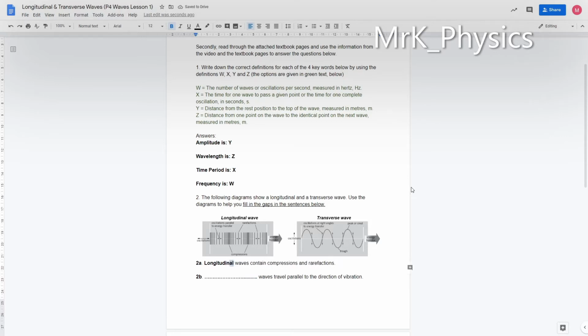In fact, just to make it easier to compare these answers with the ones on your worksheet, I'll highlight these in green.